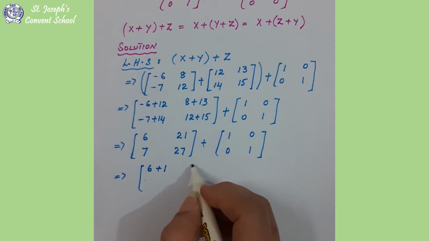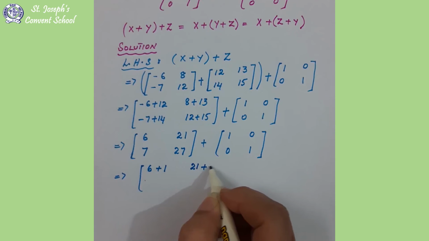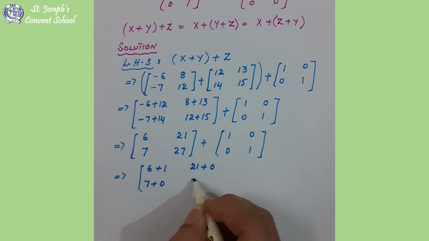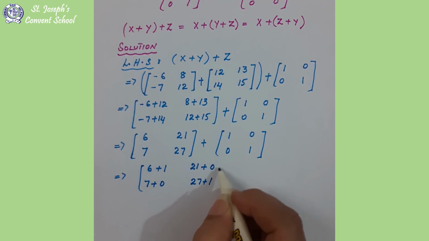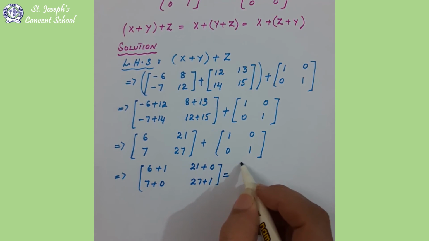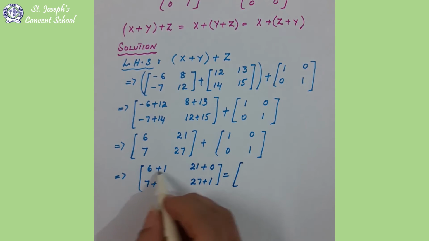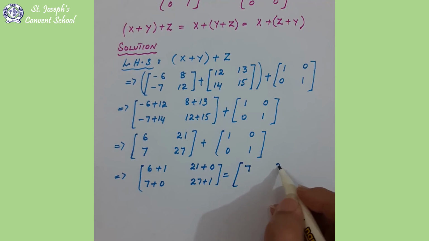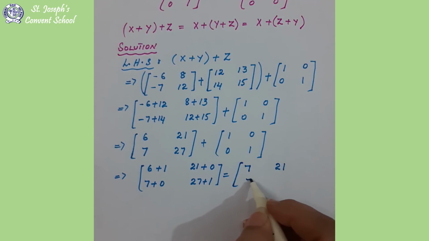Second element plus second, 21 plus 0. Third element plus third, 7 plus 0. Fourth plus fourth, 27 plus 1. Add them. You'll get the answer. 6 plus 1, 7. 21 plus 0, 21. 7 plus 0, 7. 27 plus 1 is 28. So this is the answer of the left hand side.